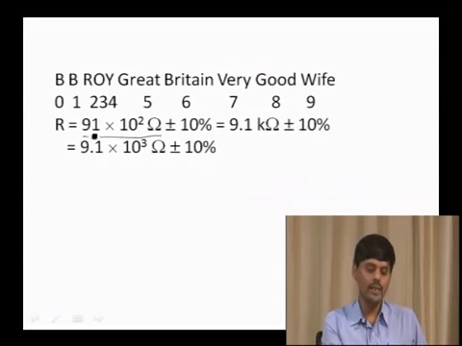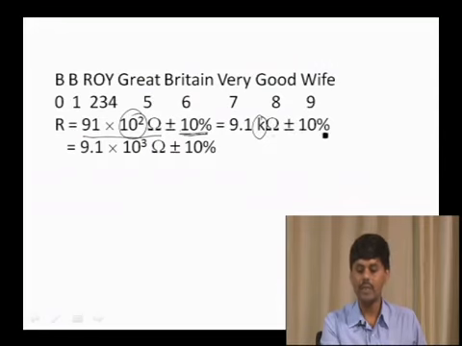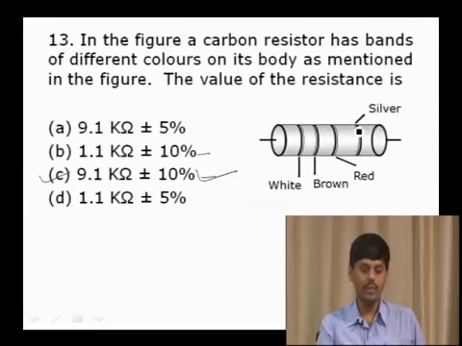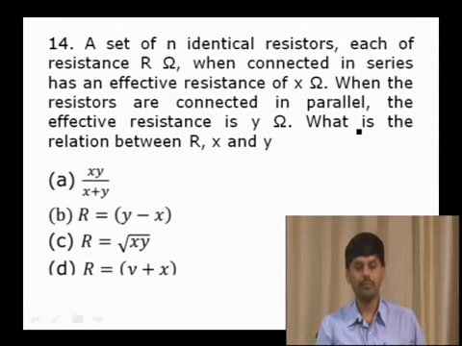So this is white, this is brown and the value of 2 is red, plus or minus silver, that is 10%. If you want to shift the value by placing a decimal point, it becomes 10 power 3. Therefore, 9.1 into 10 power 3 is nothing but 9.1 kilo ohm plus or minus 10%. This is the correct answer. Therefore, C is the correct answer.